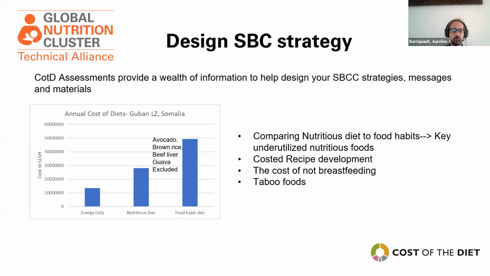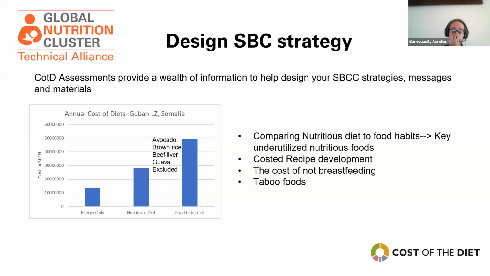As you could see, again, we generated the three different diets: energy only, nutritious diet, and the food habit nutritious diet. After the focus group discussions that Lily mentioned in the methodology for data collection, it was observed and reported that avocado, brown rice, beef liver, guava were considered as food taboos.